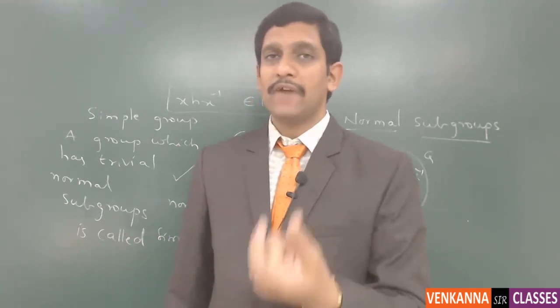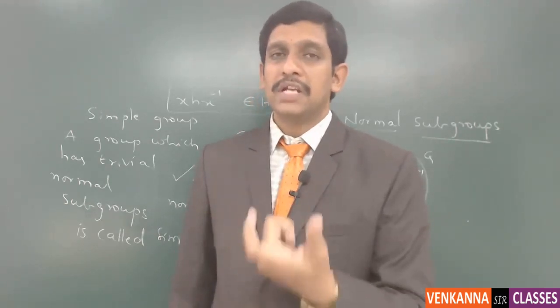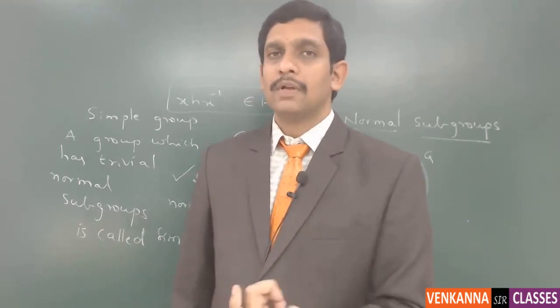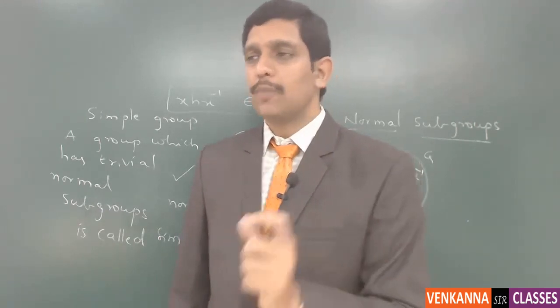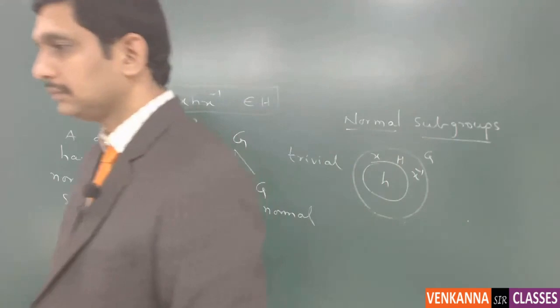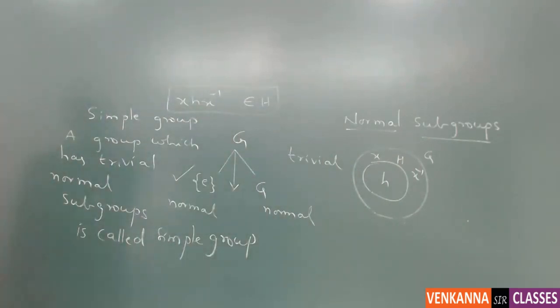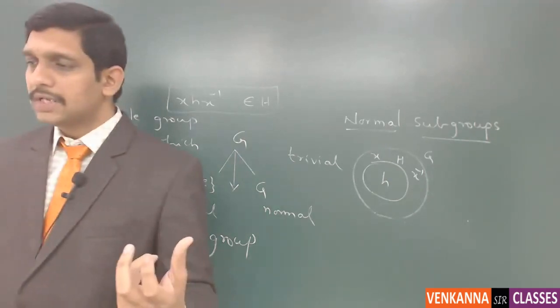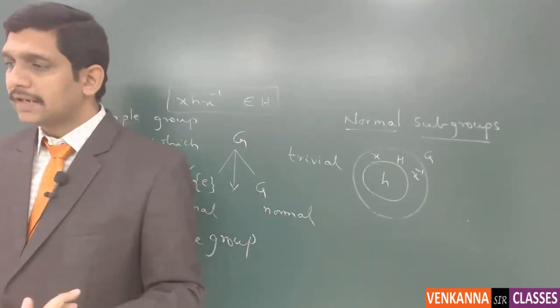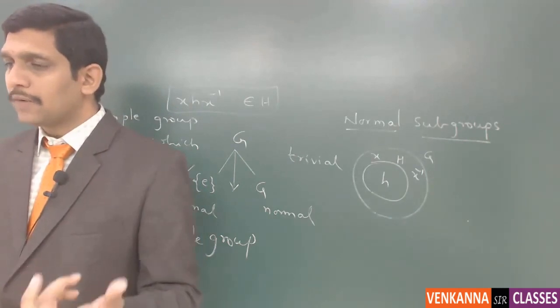Suppose you have taken a finite group. You mentioned that it is a simple group. So what can we say about the group order? After discussing Lagrange's theorem, we have solved some problems based on Lagrange's theorem. So from that, can you tell?